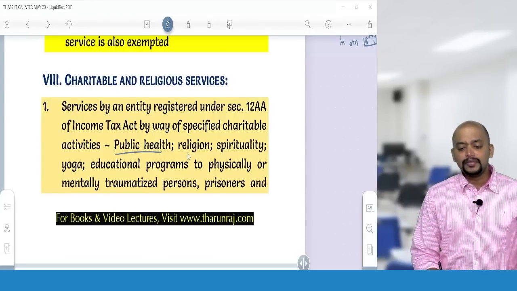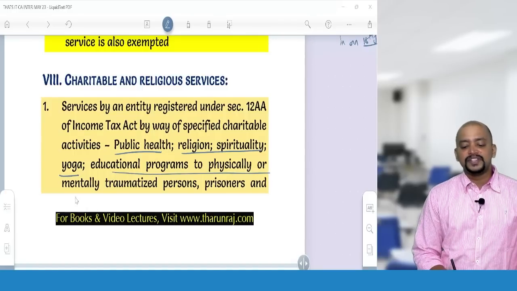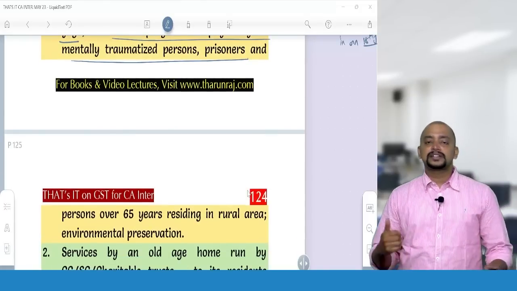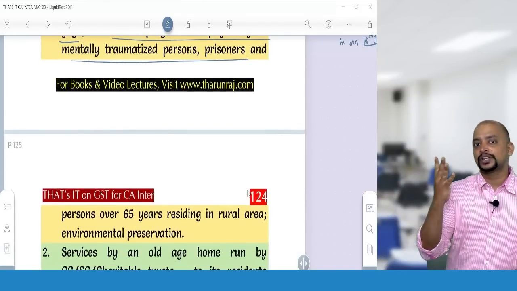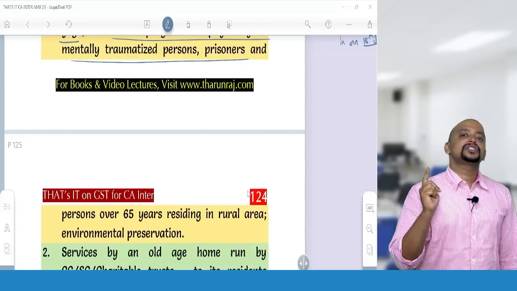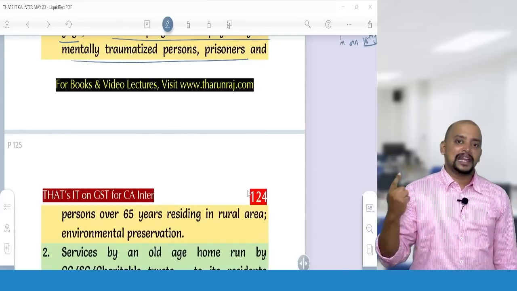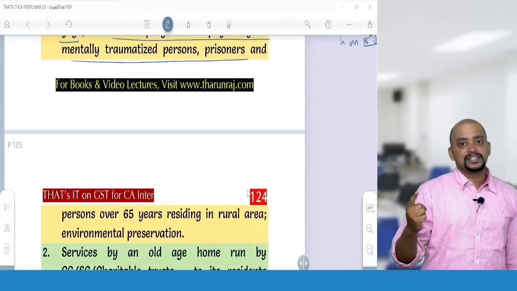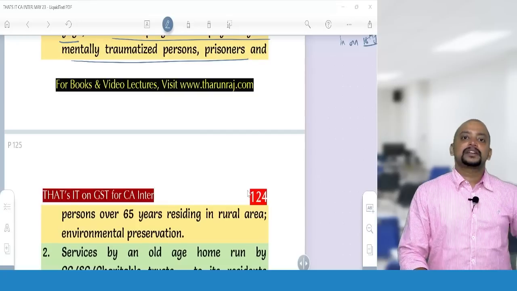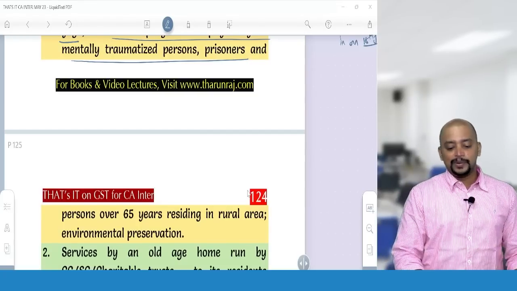Public health, advancement of religion, spirituality, yoga, educational programs to physically or mentally traumatized persons, prisoners and persons over 65 years residing in rural area, and environmental protection, wildlife protection. These are the 4 charitable activities. Against these charitable activities, if any amount is received, that will be exempted.